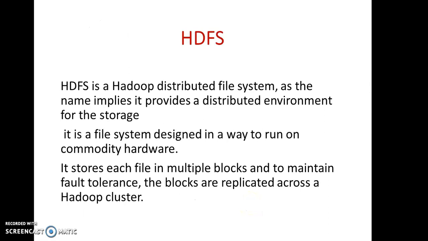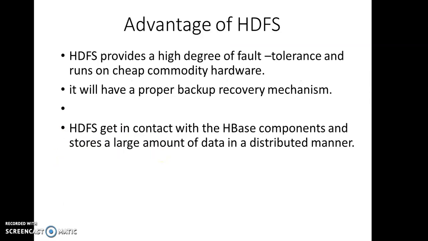The next component is HDFS, the Hadoop Distributed File System. As the name implies, it provides a distributed environment for storage. It is a file system designed to run on commodity hardware. It stores files in multiple blocks, and it maintains fault tolerance, as each block is replicated across a Hadoop cluster.